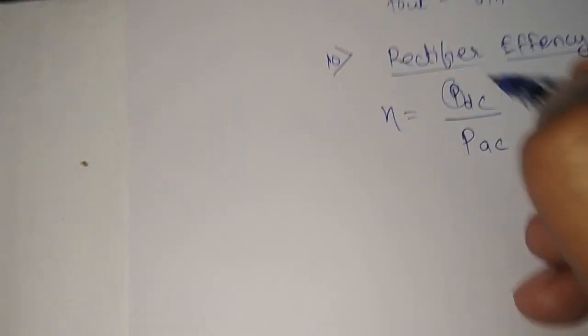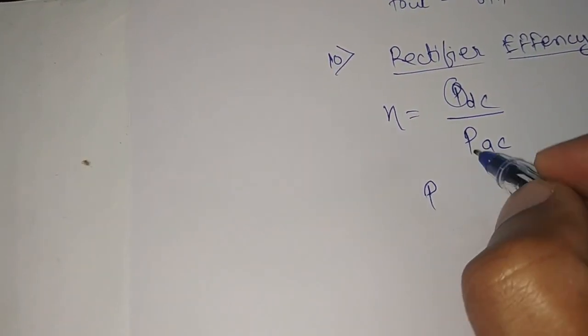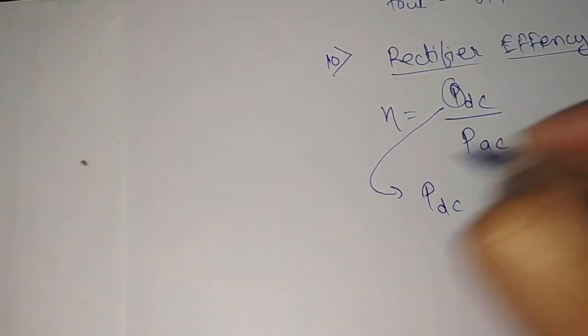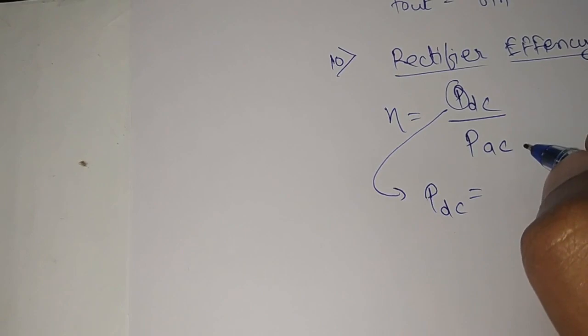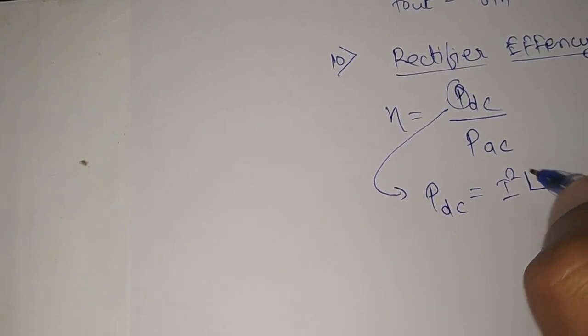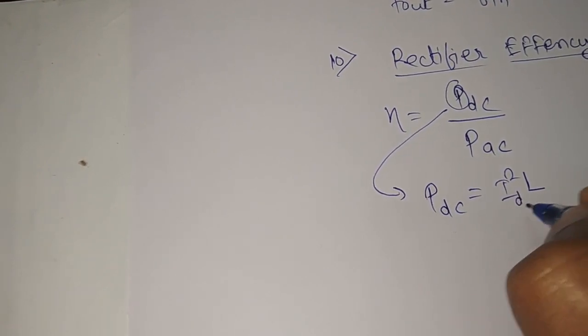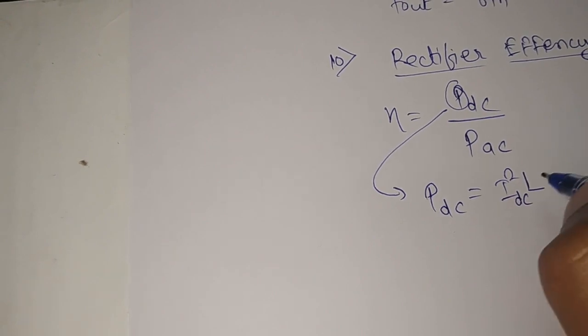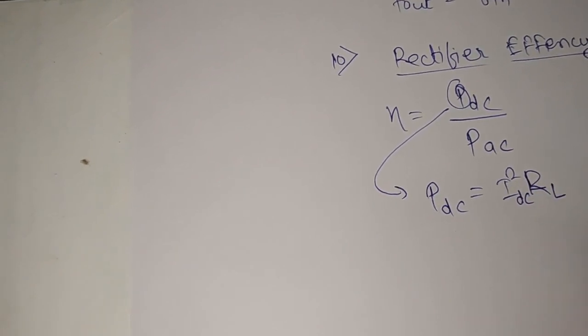And what is power? For power we have a simple formula. So if we want to calculate PDC, PDC will be calculated as I square RL. So this is PDC, so I square DC into, say this is load resistance RL.